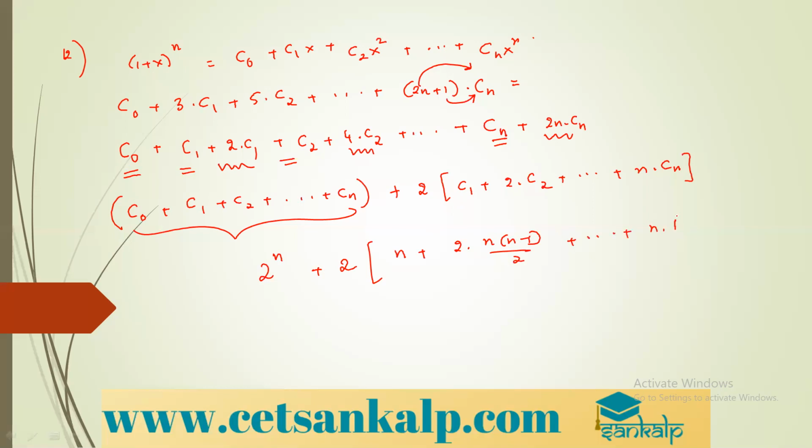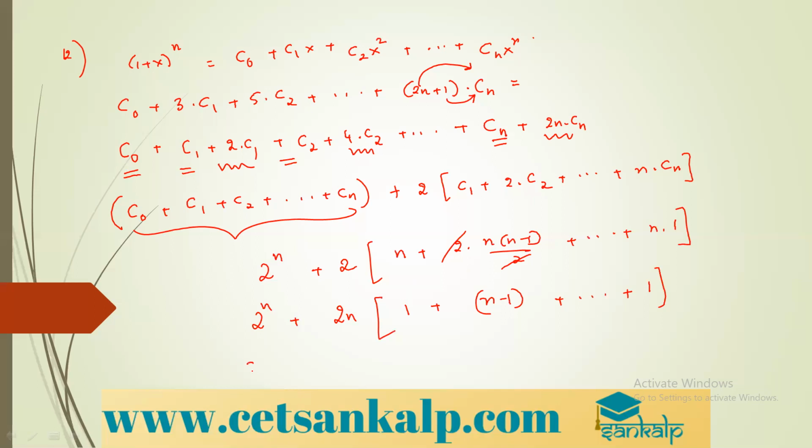N into Cn, I can write as 1. Now, I will take n common so that I will have 1 plus this will cancel 2. I will have n minus 1. So on. In the end, I will have 1 again, because everywhere I have taken n common.